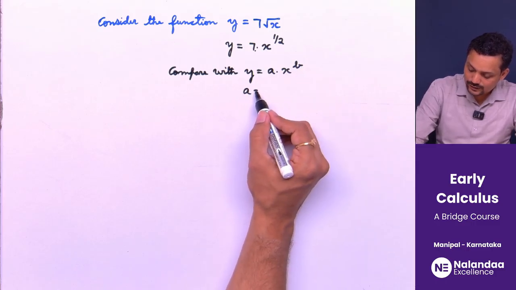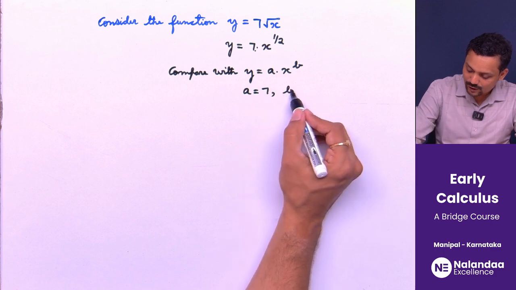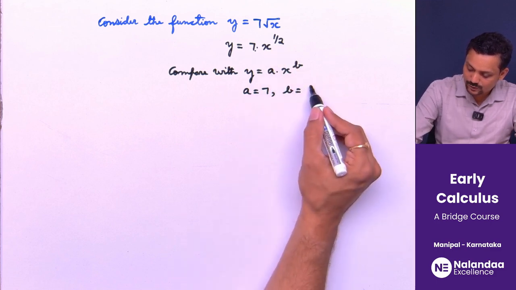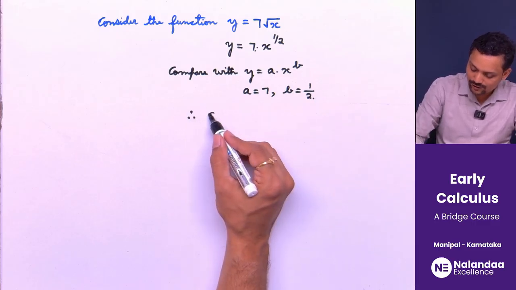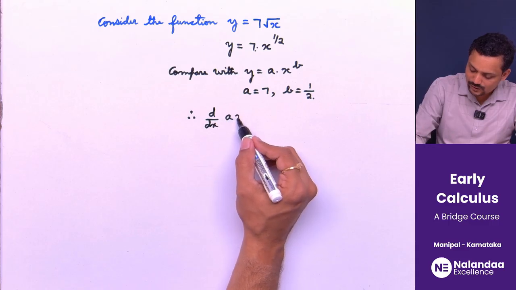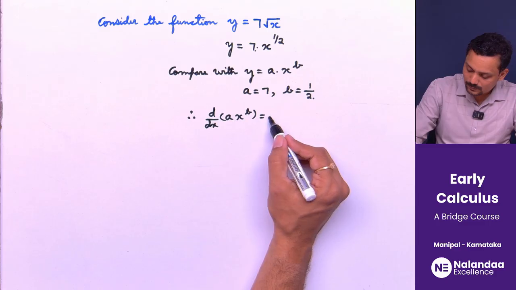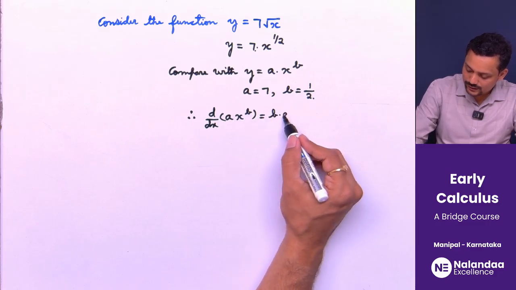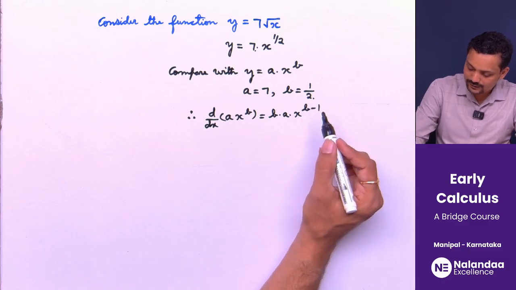So here the value of a is 7, the value of b is 1 by 2. So therefore we have the formula d by dx of a into x power b is equal to b into a into x power b minus 1.